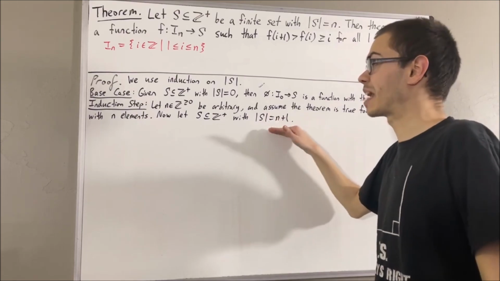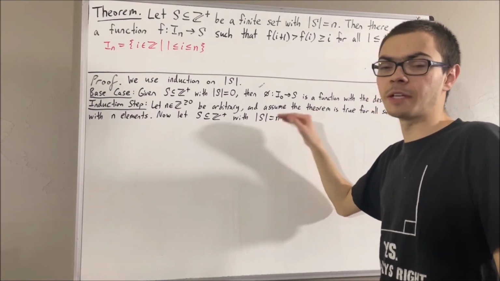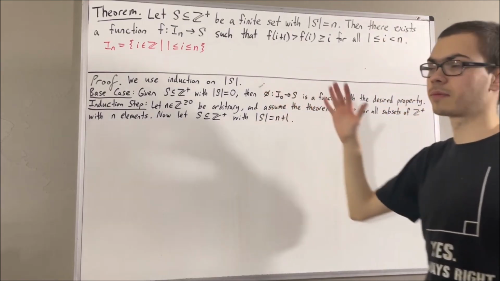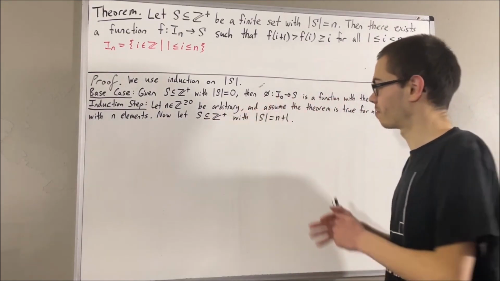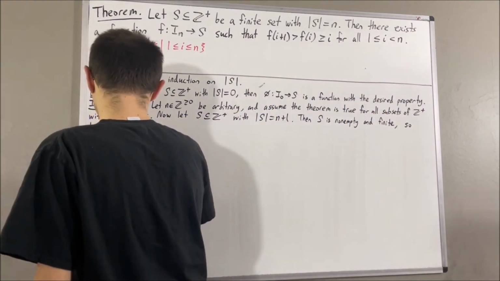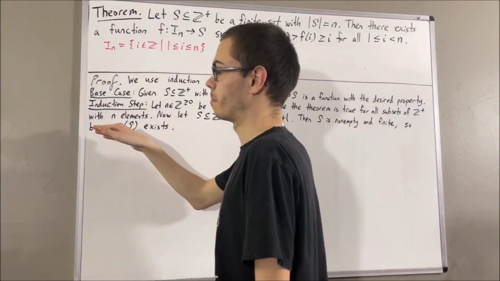Therefore, S is non-empty and finite. Actually, every non-empty finite subset of positive integers has a largest element. In fact, that's also true for any non-empty finite subset of real numbers. So S has a largest element, and I'll call that largest element B.